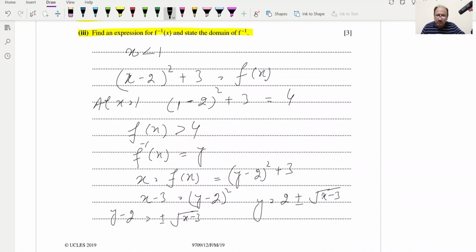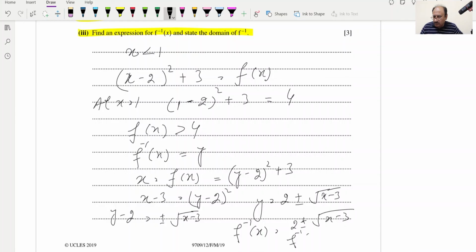So f inverse will be, if x is less than 1, so negative value, we can write f inverse of x is equal to this one, 2 plus minus under root x minus 3, and this value is always a negative value, so less than 1.